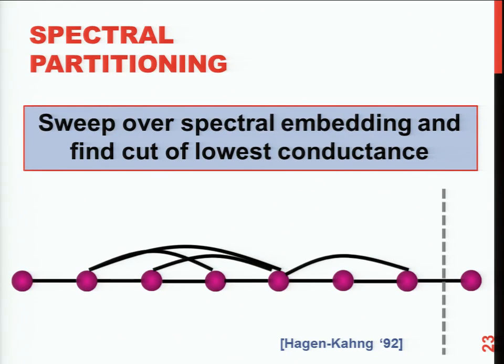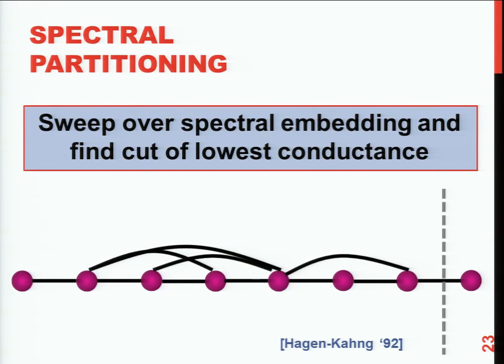There are n minus 1 possible ways to partition this, and for each of these partitions you look at which one gives you the minimum conductance. And that is your answer. So this is the algorithm for the two-way partitioning problem using the spectral approach: you find the second eigenvector, order the vertices according to it, and then sweep across them and find the cut in this order which gives you the minimum conductance.